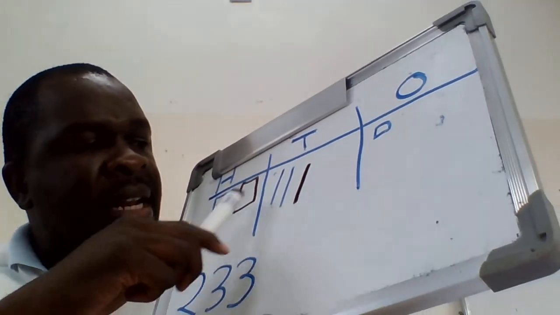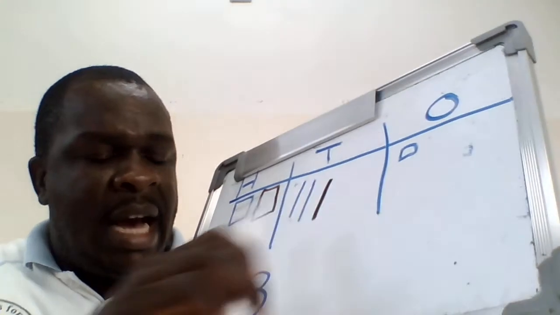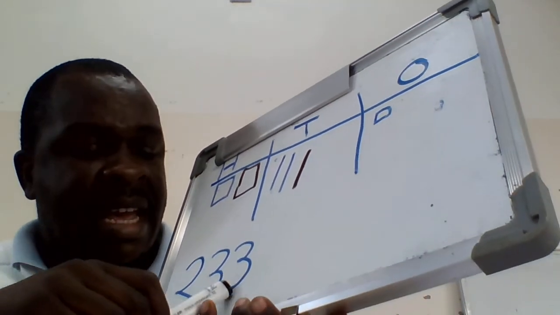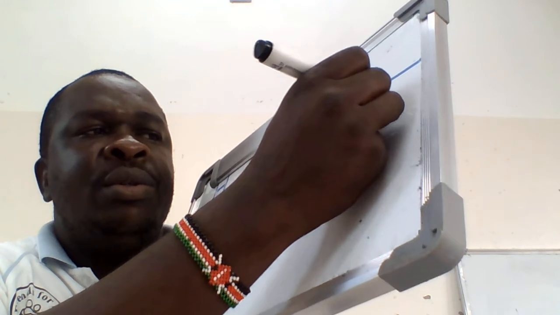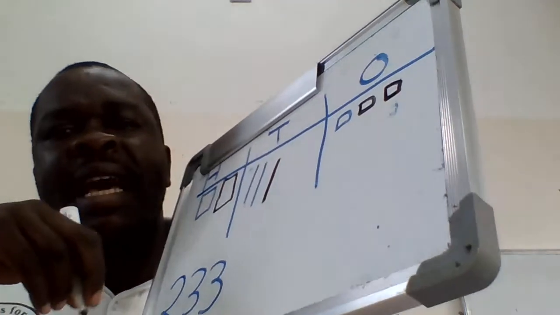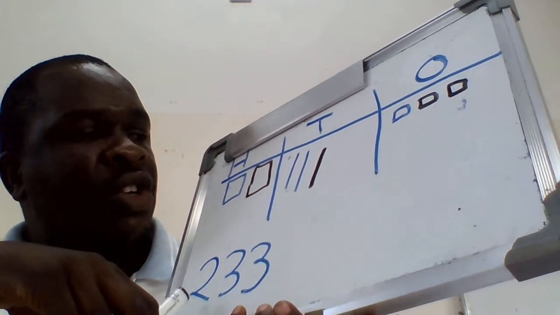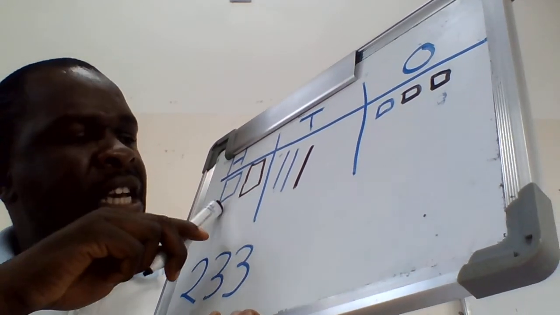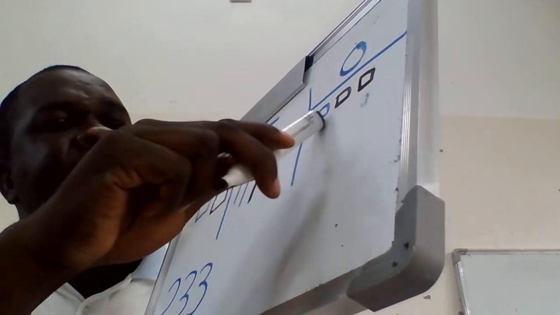So this is 230. In the ones column, we have only 1 and we need to have 3. So we add other 2. We have completed the number in the place value chart, and now the number is 233.